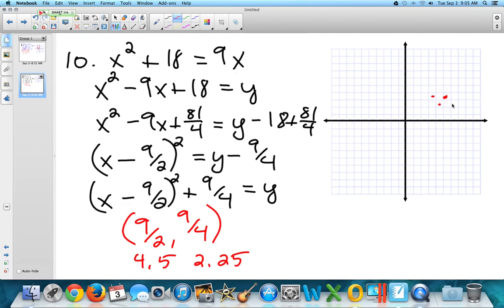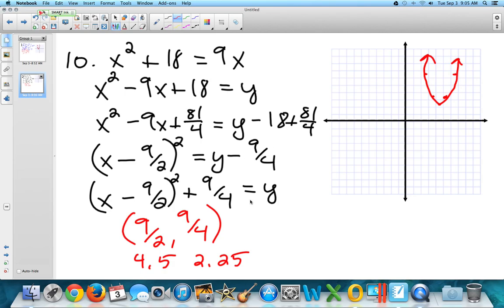Then if I go over 2, I go up 4. 1, 2, 3, 4. And this is symmetrical. So now I'm ready to connect my parabola. And I should be good to go.